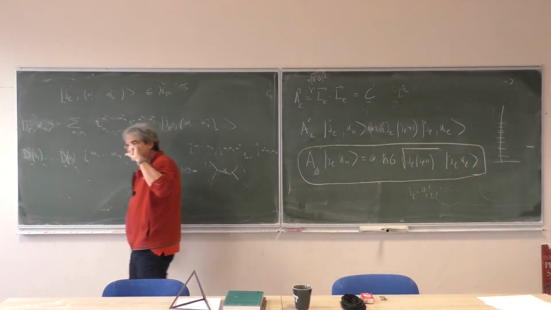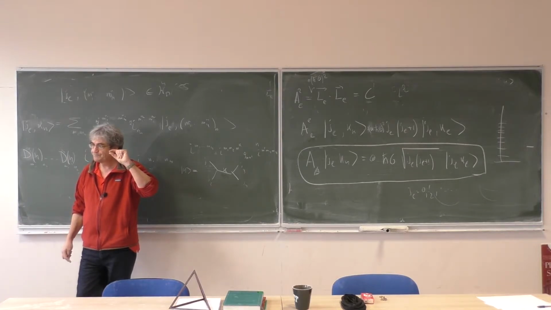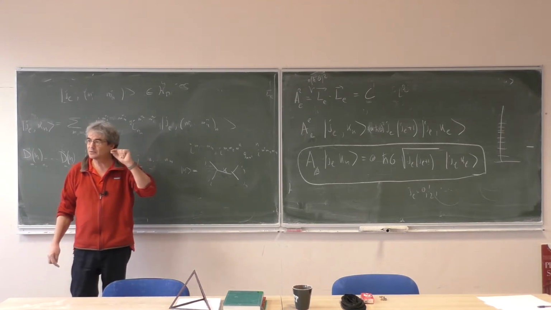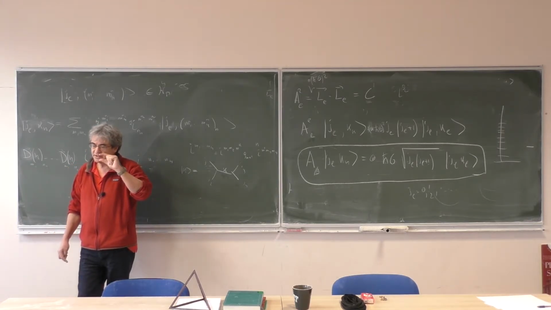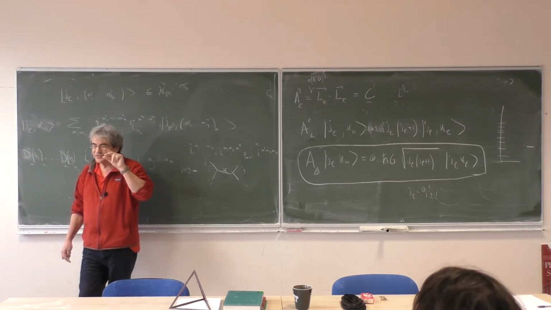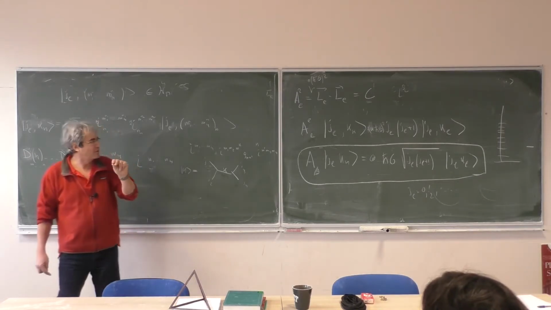Which means, in particular, that you cannot have an arbitrarily small area, right? If this quantum theory is correct, the area of a face cannot be arbitrarily small. But wait a moment.